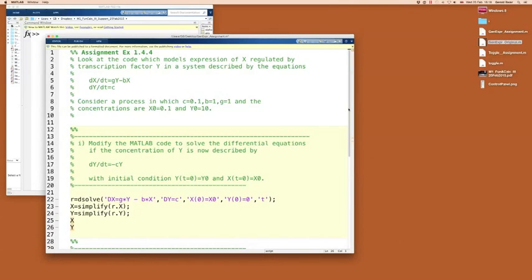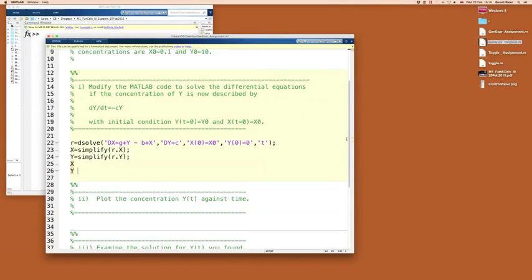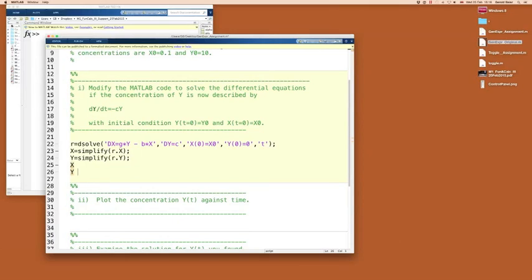Okay, so that describes the original model. So we need to start modifying this. We need to change the rate of change of y. So that's here. We need to change that to be equal to minus cy. Okay, we can do that. Minus, the c is already there, times y.